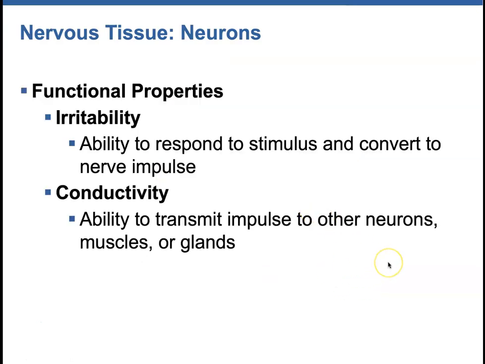All right, so the functional properties. This piece of irritability is extremely important because this is how our neurons are able to respond to a stimulus. What happens is that it converts that to a nerve signal, and the nerve signal actually generates an electrical current.